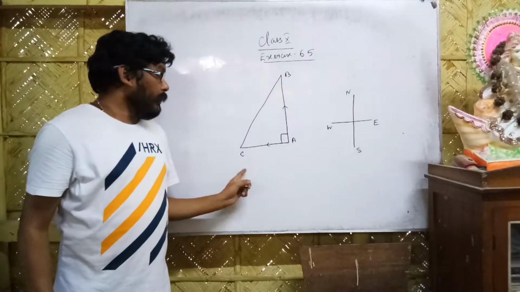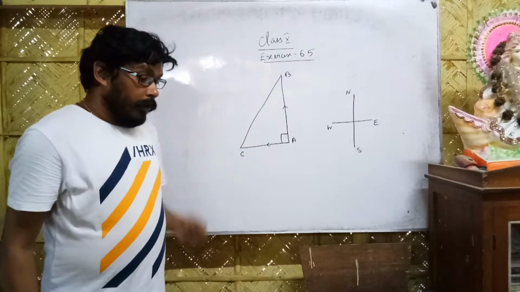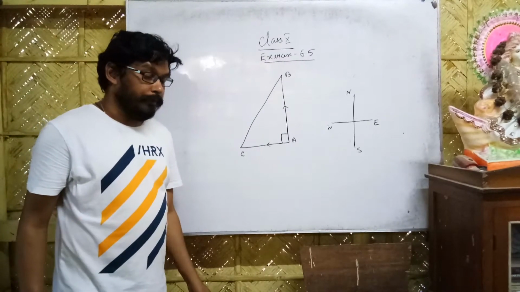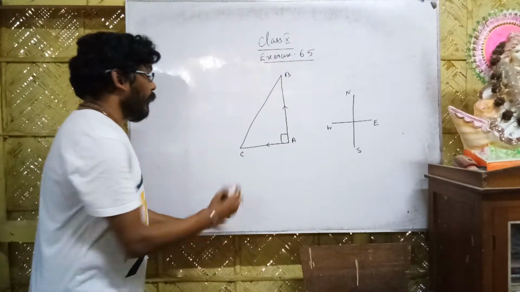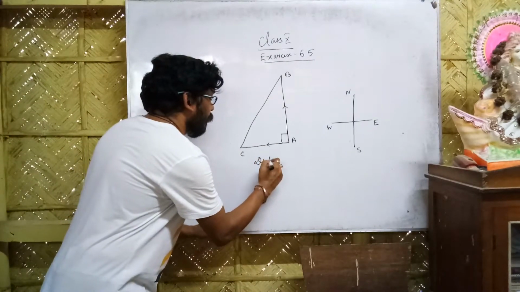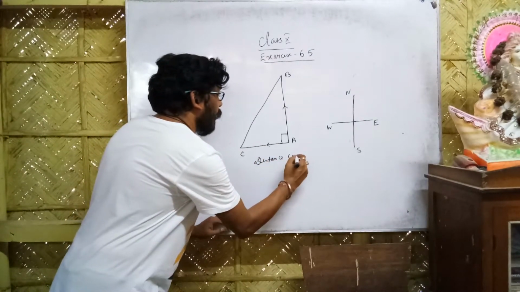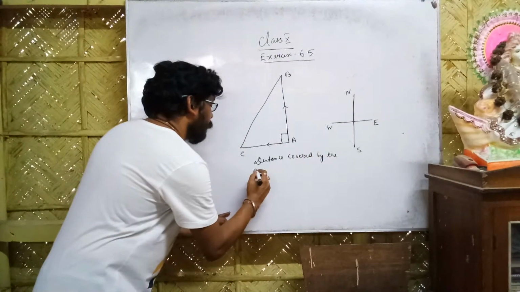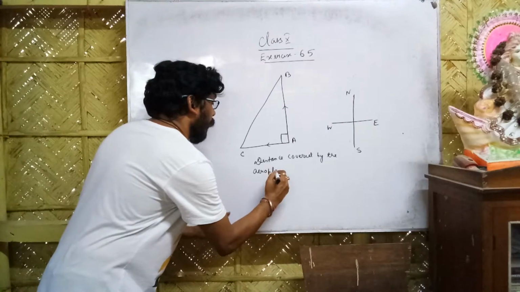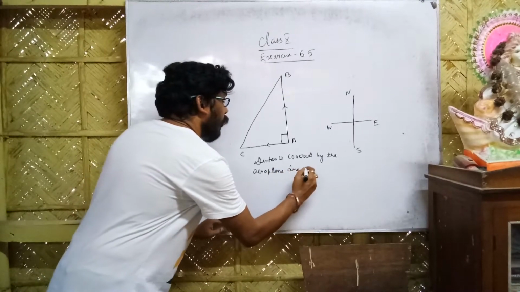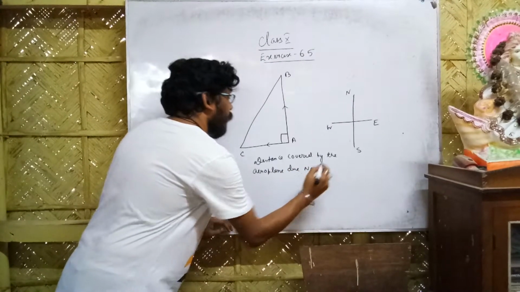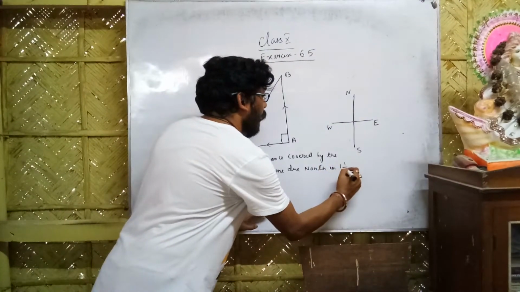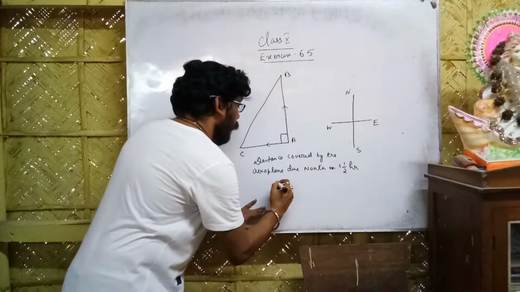So let me find out. Distance covered by the aeroplane due north in 1.5 hours equal to, what do you know?